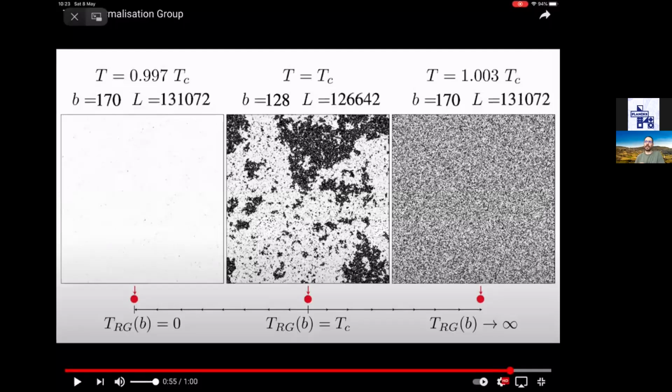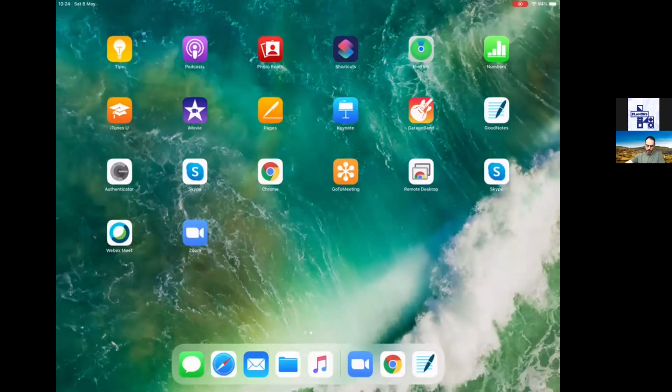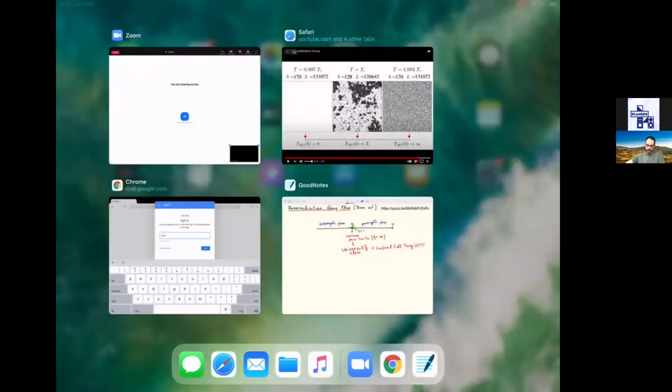And so this scale invariance actually leads to some special type of quantum field theory. If you are exactly at T equals Tc, this quantum field theory will be scale invariant, and that's what we call a conformal field theory. Okay. So let me go back to my presentation.